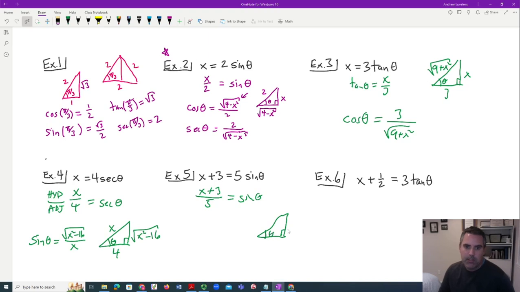We don't want it to be a confusing thing. Opposite over hypotenuse. This side's going to be the square root of 25 minus x plus 3 squared. And then you could say whatever you wanted. You could say tangent of theta is x plus 3, which is the opposite, over this terrible mess, the square root of 25 minus x plus 3 squared.